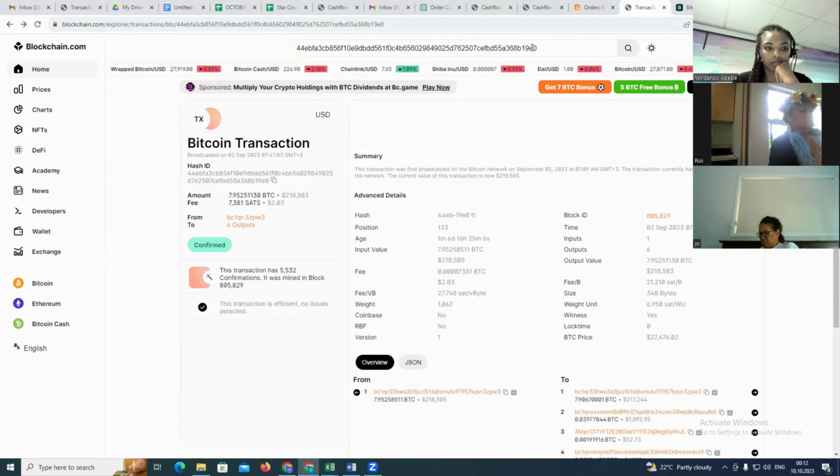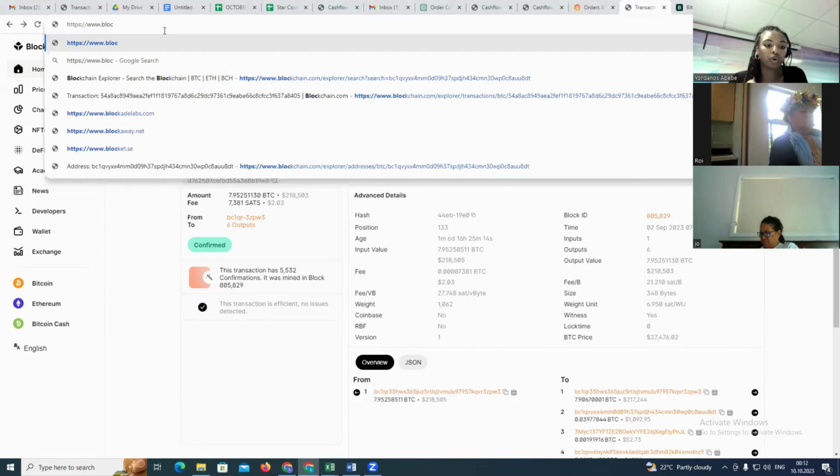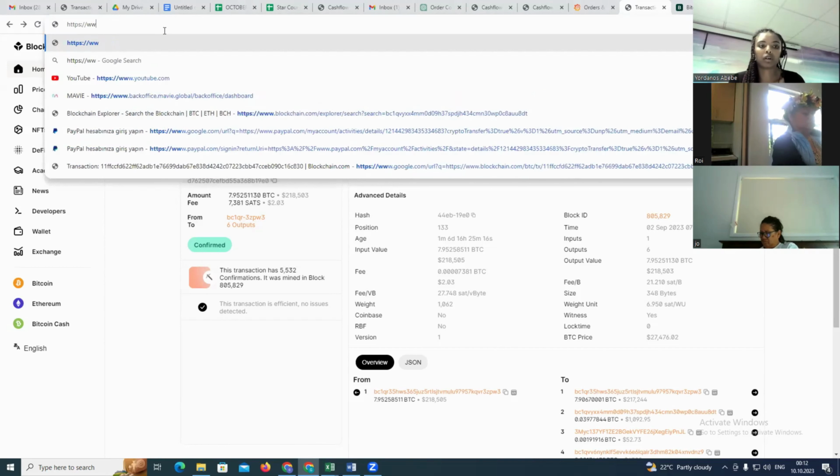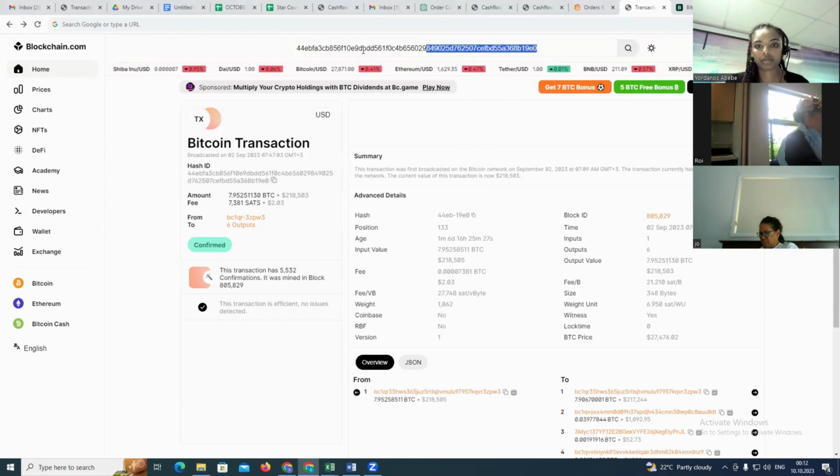So how do you verify a transaction on Blockchain Explorer? First thing you want to do is come to... How do you also know if you have to go to blockchain Explorer or Ethereum? Yes, I'm still going to reach that. Let me just show quickly because of our time.